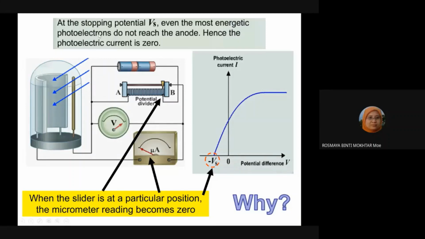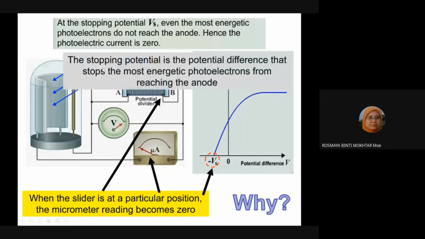Even the most energetic photoelectrons cannot reach the anode. So the potential difference across here at this moment is called the stopping potential. The stopping potential is the potential difference that stops the most energetic photoelectrons from reaching the anode.